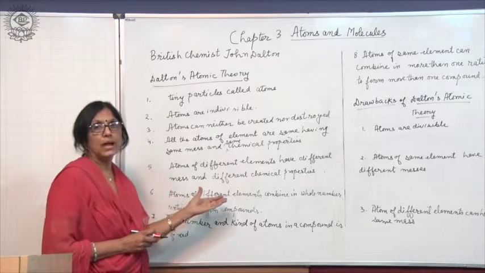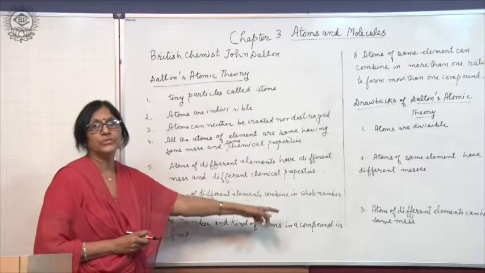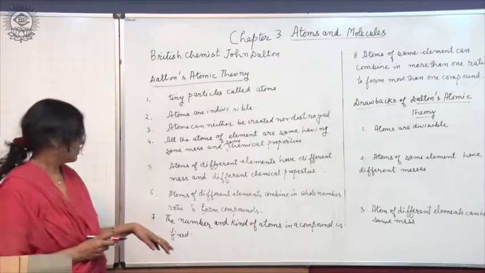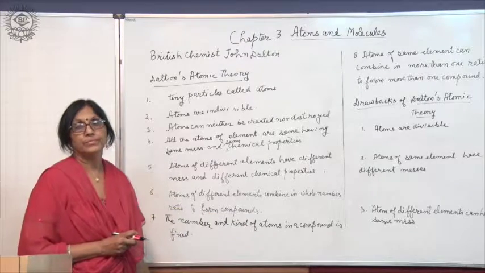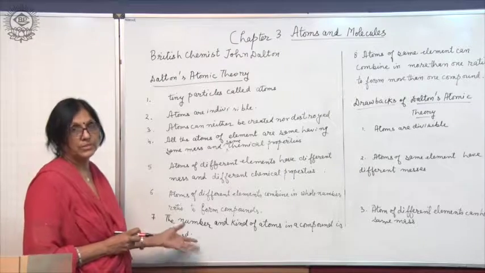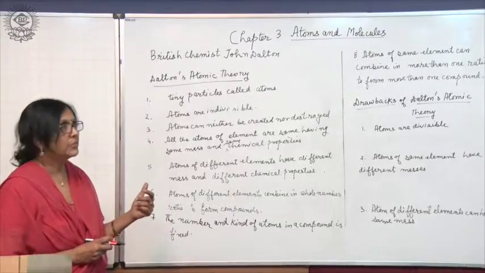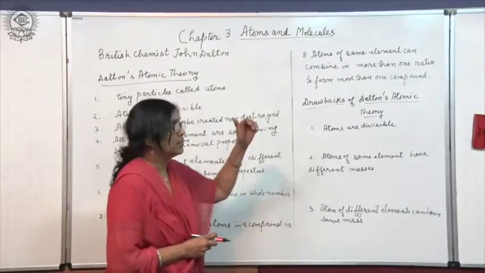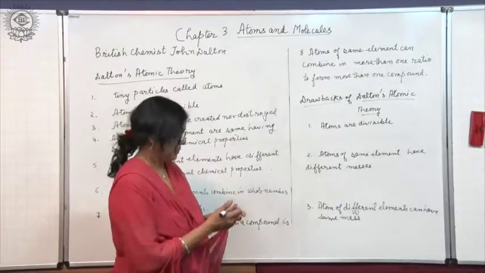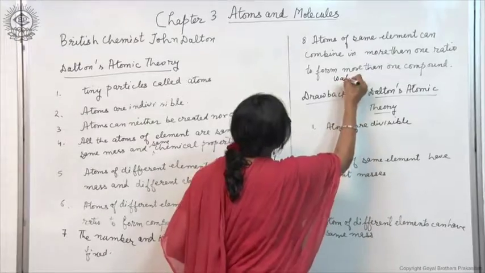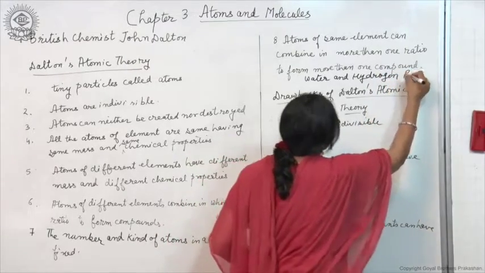On the basis of the law of constant proportion, he included in his theory that atoms of different elements combine in whole number ratios to form compounds. The number and kind of atoms in a compound is fixed, that is, the atoms of the same element combine in a fixed proportion by mass. Also he said that atoms of the same element can combine in more than one ratio to form more than one type of compound, like water and hydrogen peroxide.